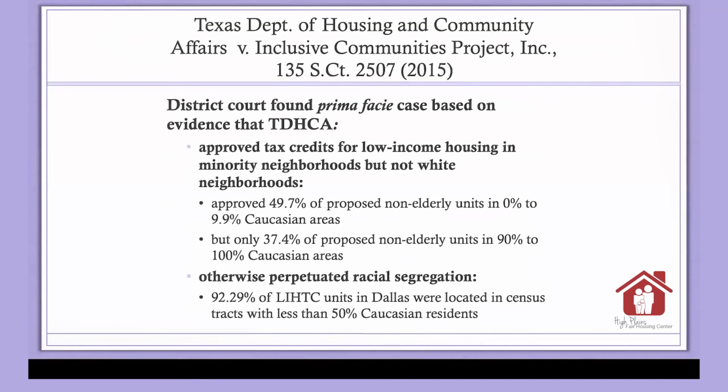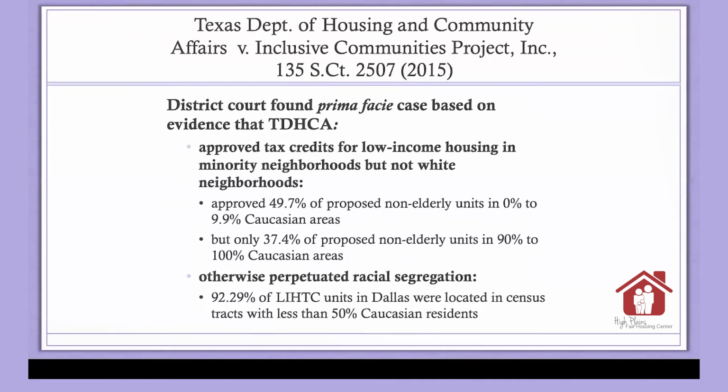And statistics and experts were brought in to show how the numbers worked out, and that applications of proposed non-elderly units versus applications for elderly units were granted or not granted in ways that looked very disproportional when you looked at the race of the areas in which the developments were proposed.